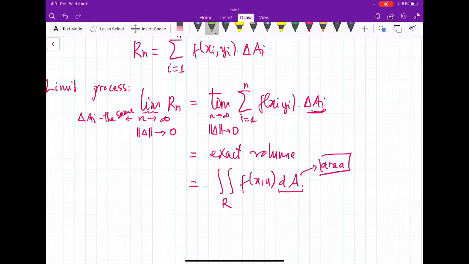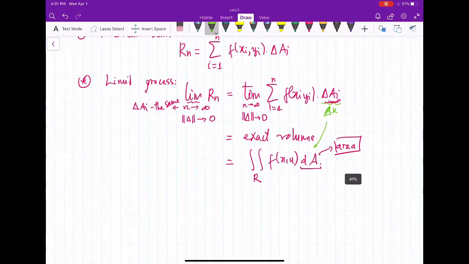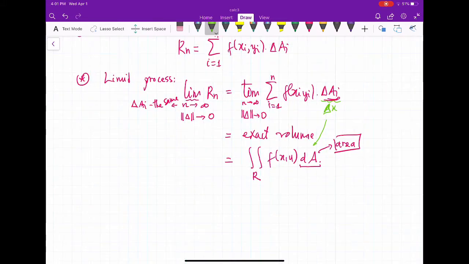Similar to the case of definite integrals of functions of one variable. If you have delta x in here, you go to dx, right? But here you have delta Ai, you go to dA, where A is the area. Make sense? So that's how we can define a double integral, and how we can use it to find the volume of a solid region. Okay?